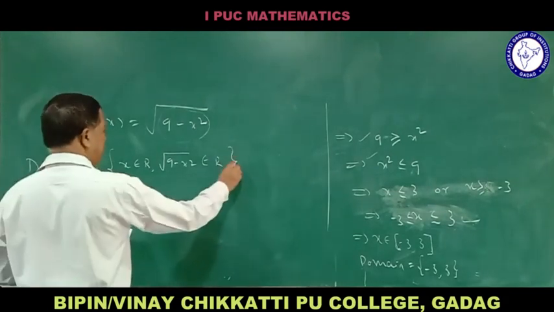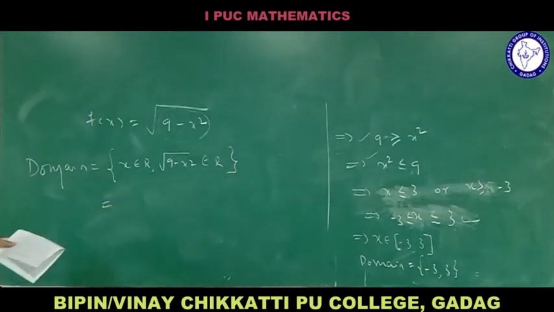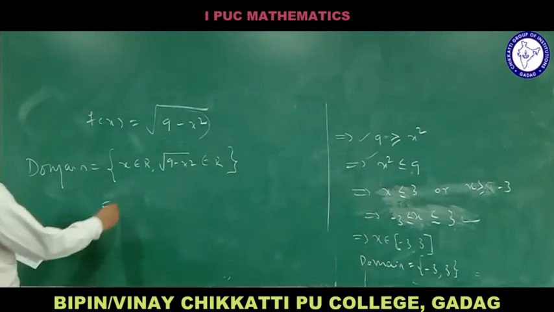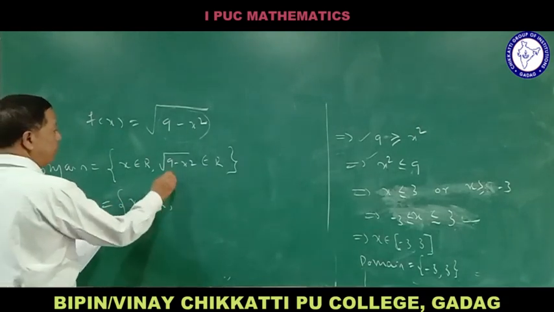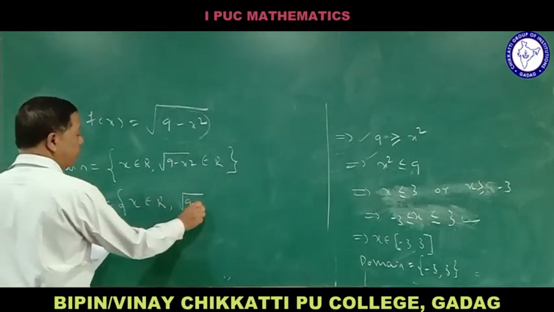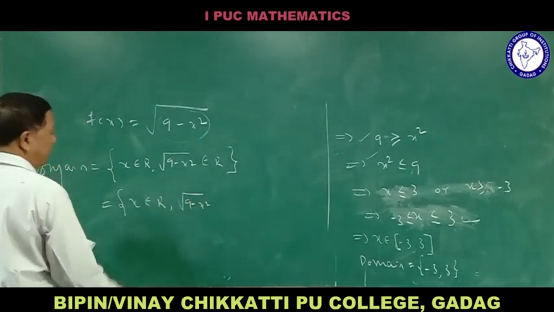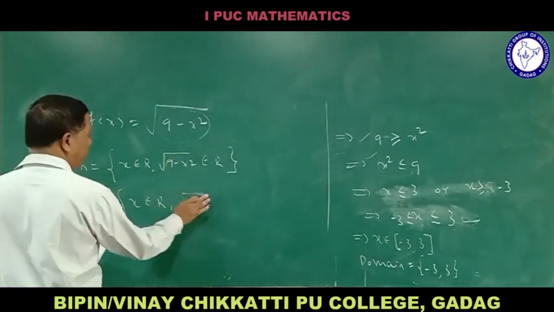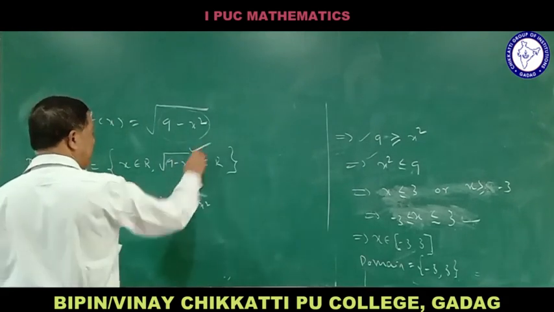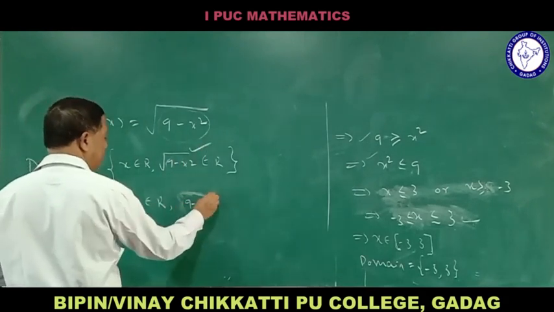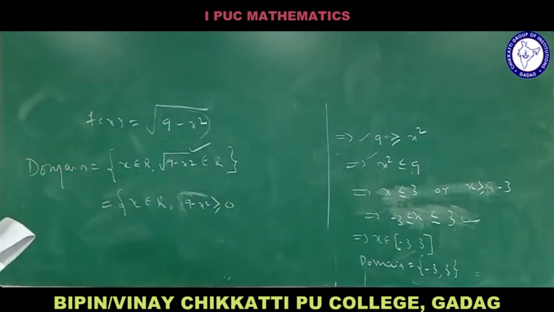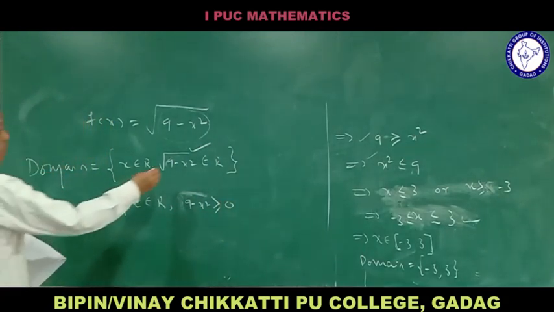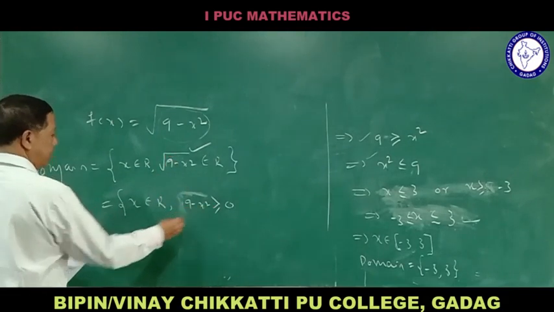So the domain is where root of 9 minus x square belongs to R. You see what the possibilities are. When x belongs to R, root of 9 minus x square should be greater than or equal to 0.